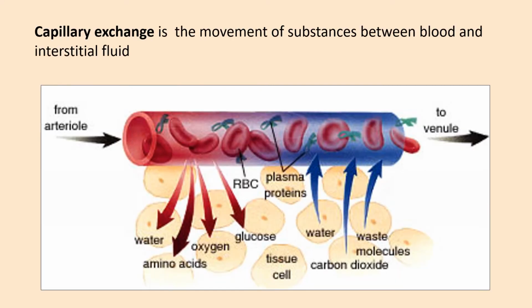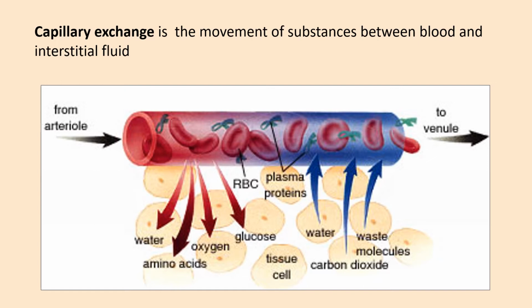And that brings us to capillary exchange. So capillary exchange refers to the movement of substances across the wall of a capillary. And during capillary exchange, substances move between blood, that's of course inside the capillary, and interstitial fluid. That's of course outside the capillary.